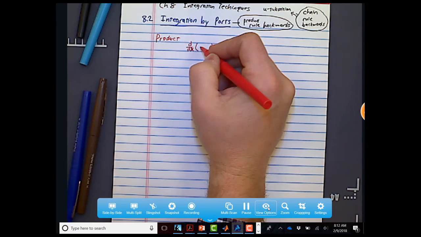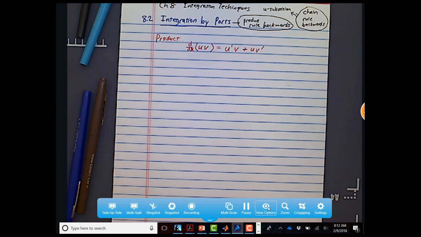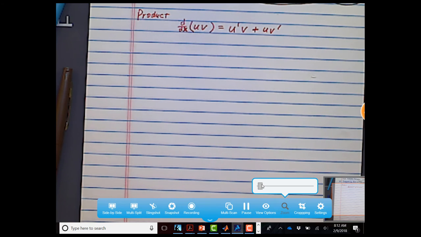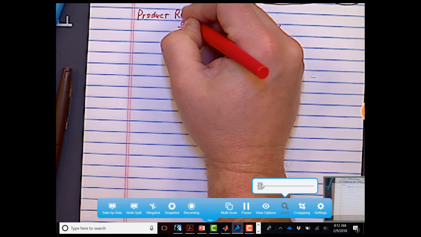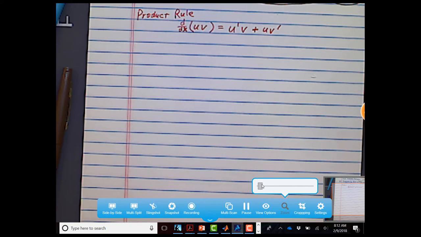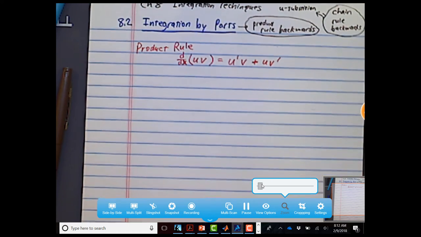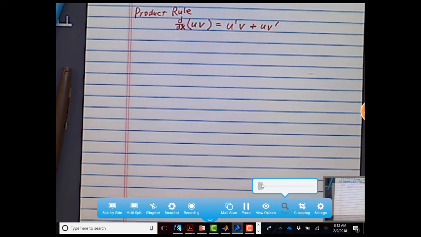Yeah, U times V. And I just realized this is probably a little bit too small for those in the back, right? Is that better? Okay. So this is the product rule. You can see now, guys? Yeah. The glare? Oh, yeah, yeah. You don't need it anymore.